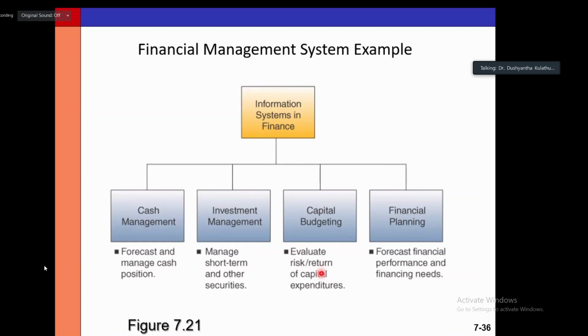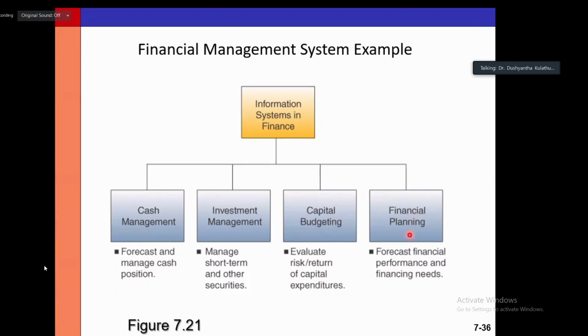Some evaluation has to be made in relation to risk and return, and depending on that evaluation, a decision can be arrived at on whether to proceed with the particular capital expenditure or not. That sort of decision is supported by the financial management systems.